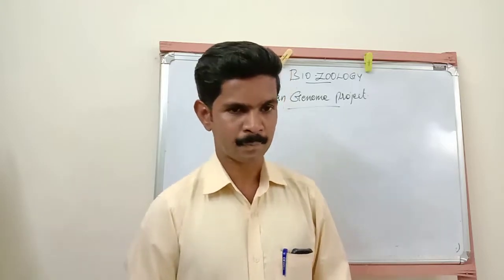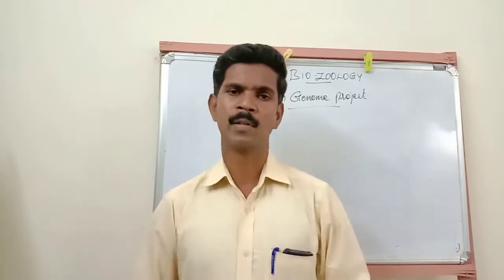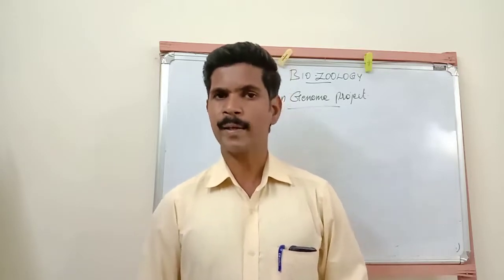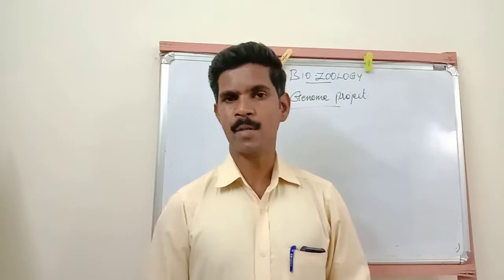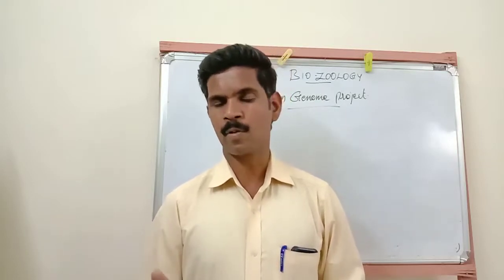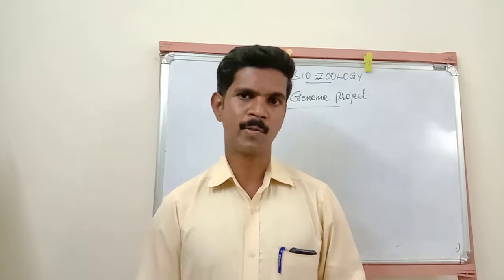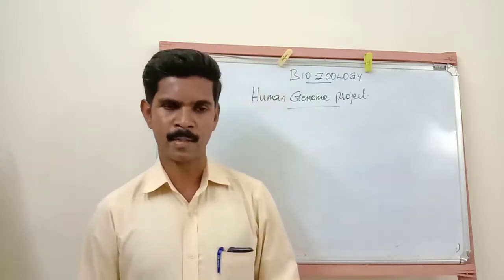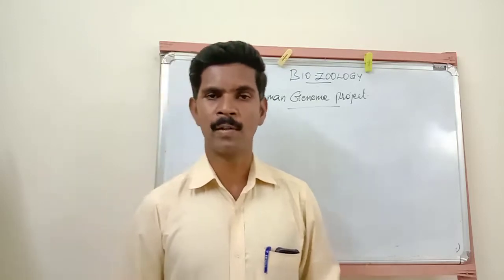Now we are going to study one important 3 mark question: the goals, or aims, of this Human Genome Project. There are more than 4 or 5 aims mentioned in your book. The first aim of the Human Genome Project is to identify all the genes.